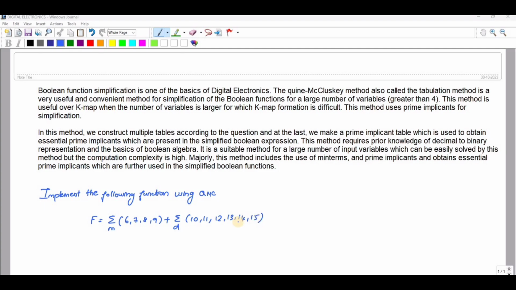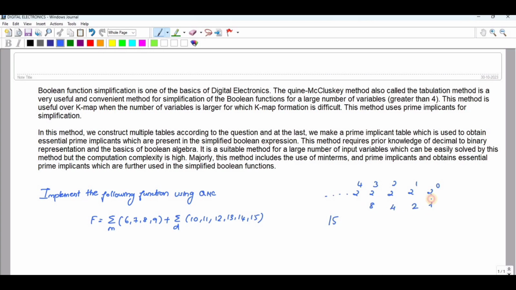So you have to find the maximum value in the given numbers. The maximum value is 15. So how to represent 15? You can write 2 power 0, 2 power 1, 2 power 2, 2 power 3, and it goes on. 2 power 3 is 8, then 4, 2 and 1.